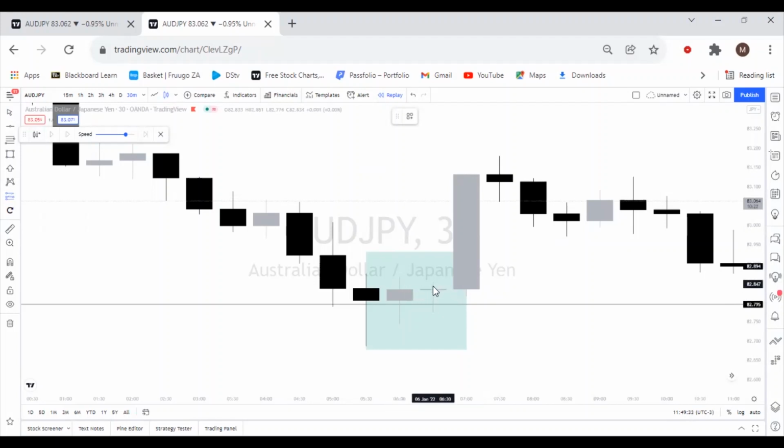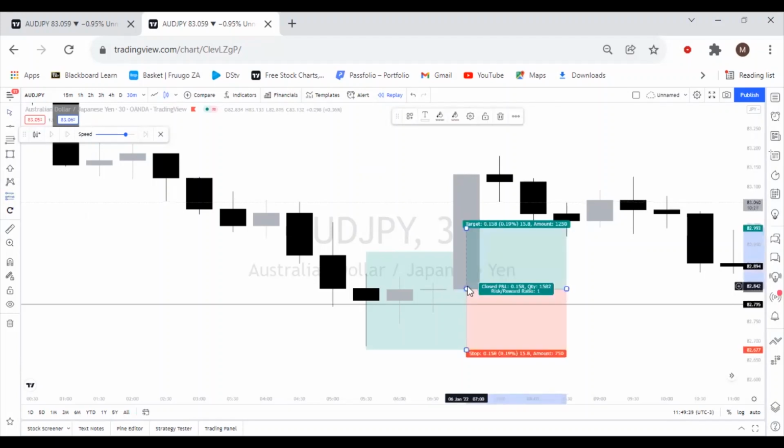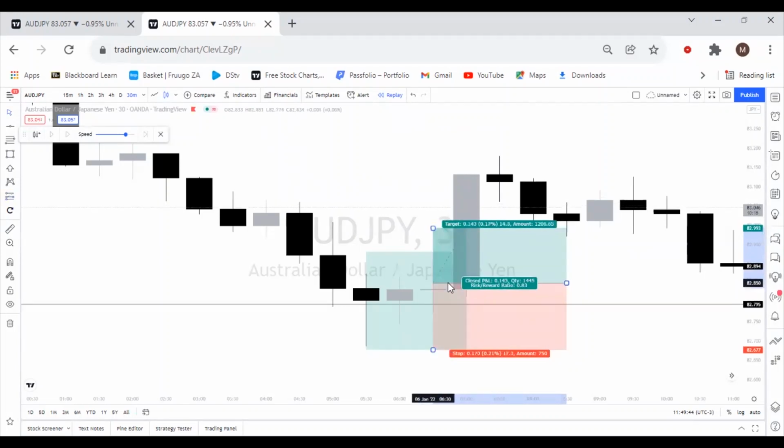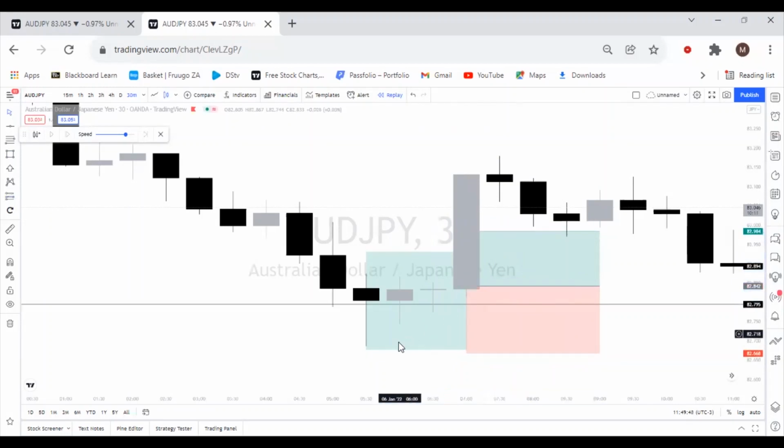So I would have entered right when this one closed, which means the next opening, which is right here, it seems like I'm kind of too zoomed in. Let me just get rid of this.